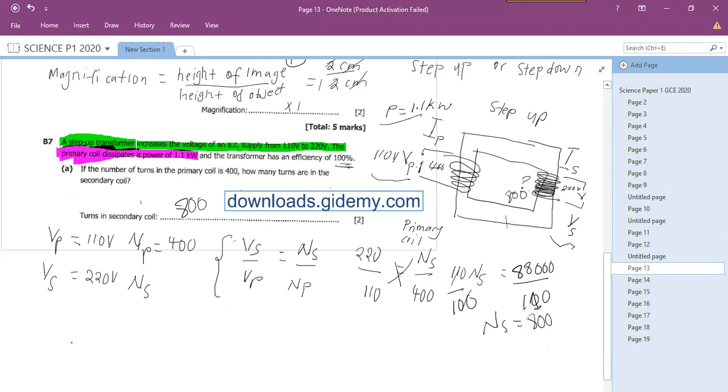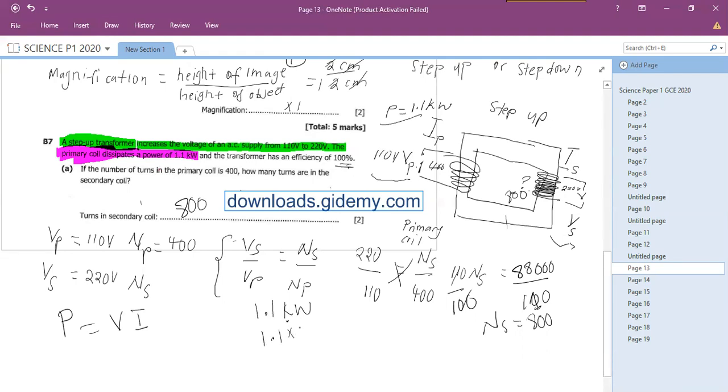So you use this formula and I'm going to write very big things so that you will see properly. You tell the examiner that power is voltage times current. The power that we've been given is 1.1 kilowatts. The standard SI unit for power is watts. So if you go on your prefix table, this kilo here is 10 to the power 3.